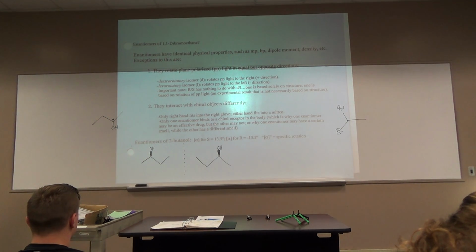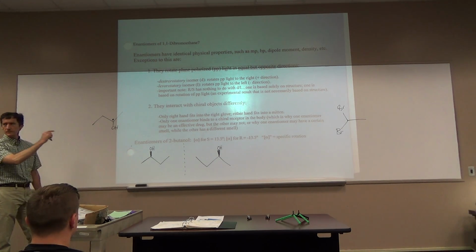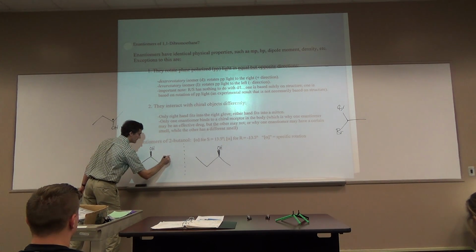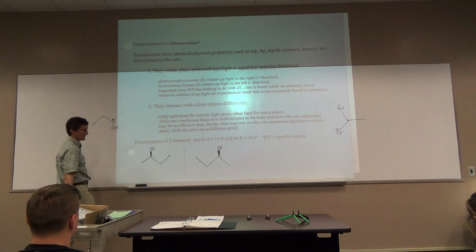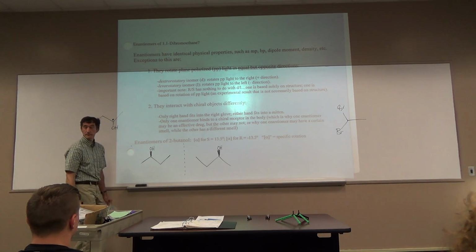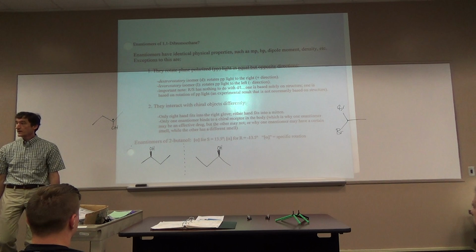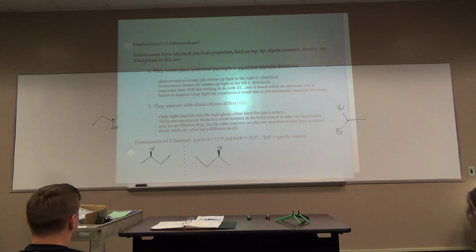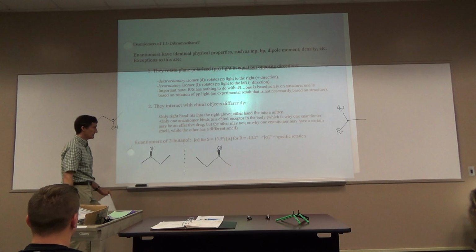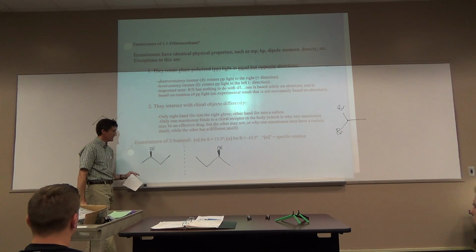Are those mirror images? Same or different? Different. Do we need to make a model and see if they superimpose, or do we have a way to just tell how you know they're different? Because there are 4 different things and they're mirror images, so there's not a plane of symmetry.